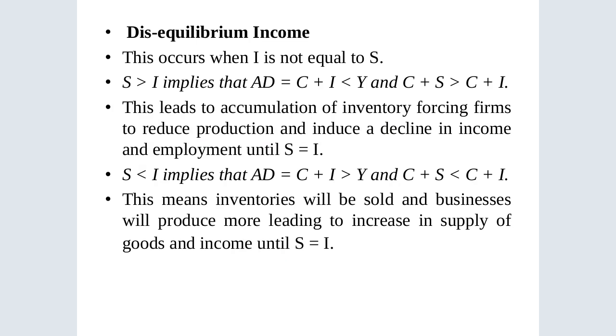Now, when do we have disequilibrium in the national income? We have discussed what brings about equilibrium in the national income. We said disequilibrium occurs when the aggregate expenditure exceeds the aggregate demand, or vice versa.